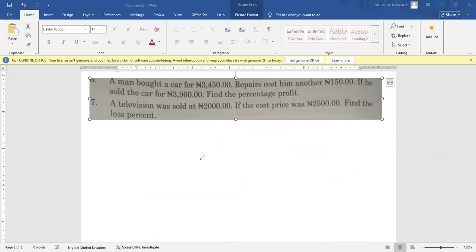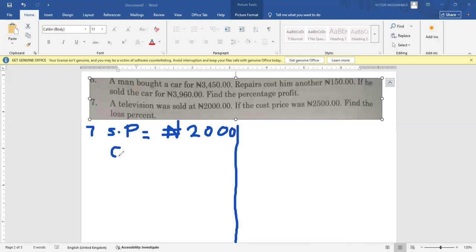So number 7, a television was sold at 2,000 naira. A television was sold, so that's the SP. Sold has this keyword: sold, sales, sale. These are keywords for selling price. The CP is given as 2,500.